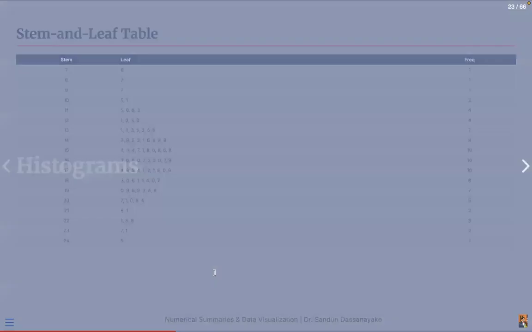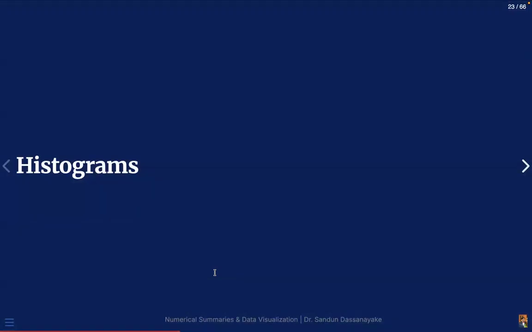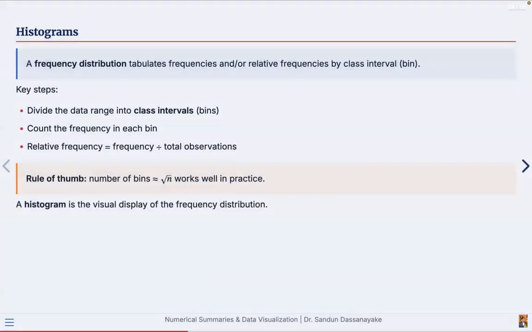Now let's go forward to histograms. Now we have an idea about what the data distribution means in a data set. When we organize the data in the stem and leaf diagram, we can see the distribution of the data. The histogram is the tool that we use to do that. A frequency distribution tabulates frequencies and/or relative frequencies by class interval.